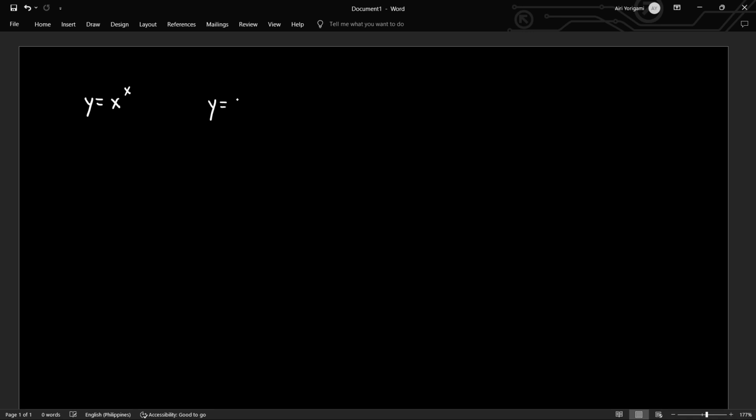Case 2 would be if there is an expression for the base, like x plus 3, and a single variable as the exponent.